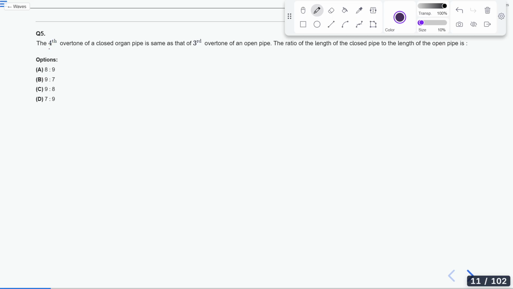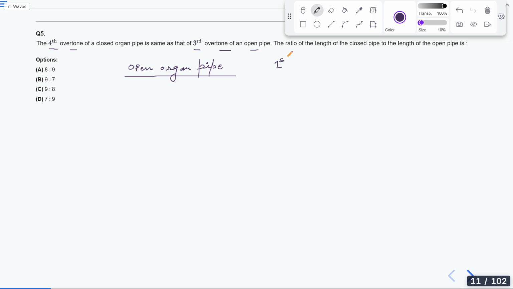The fourth overtone of a closed organ pipe is the same as the third overtone of the open organ pipe. What are overtones? In the case of the open organ pipe, all harmonics are present.